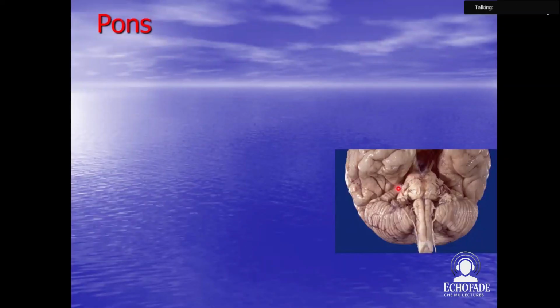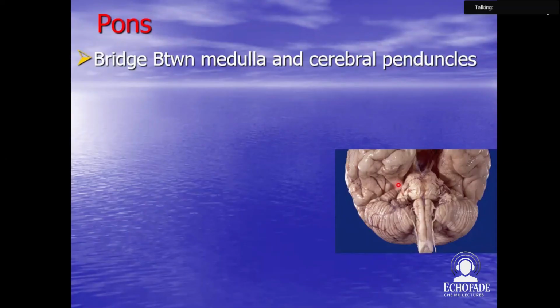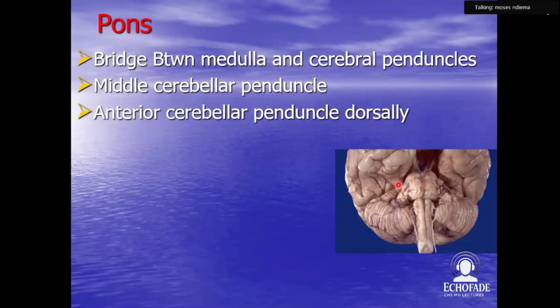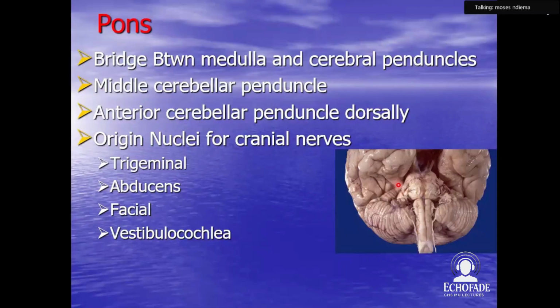These structures, which connect the pons to the cerebellum, we refer to as the peduncles. They consist of axons. I'll just demonstrate those peduncles shortly.